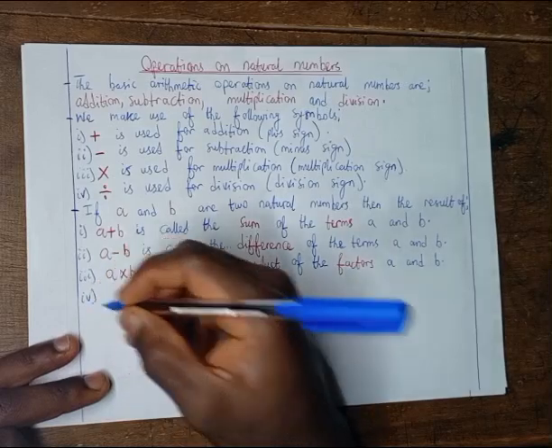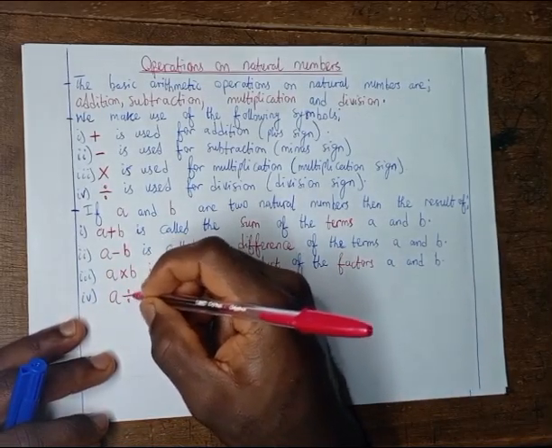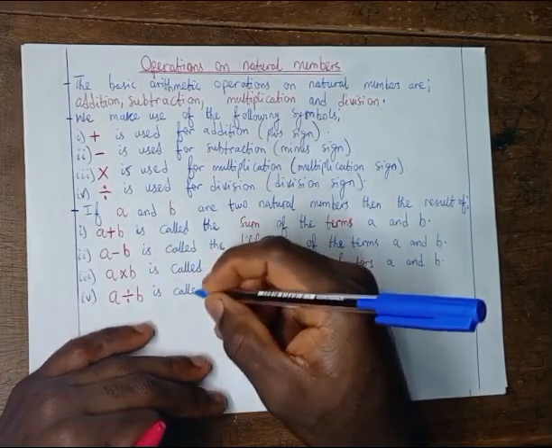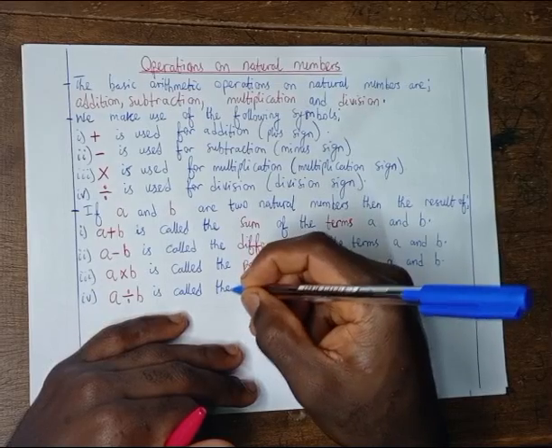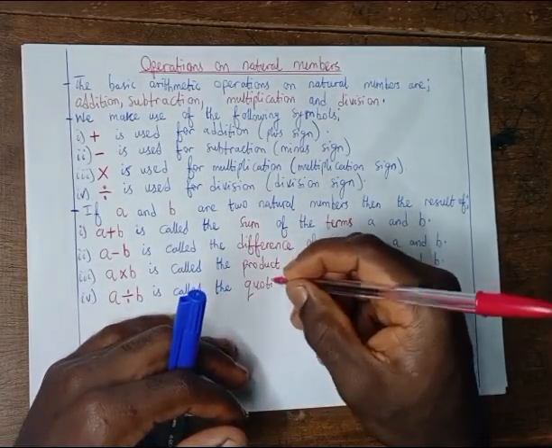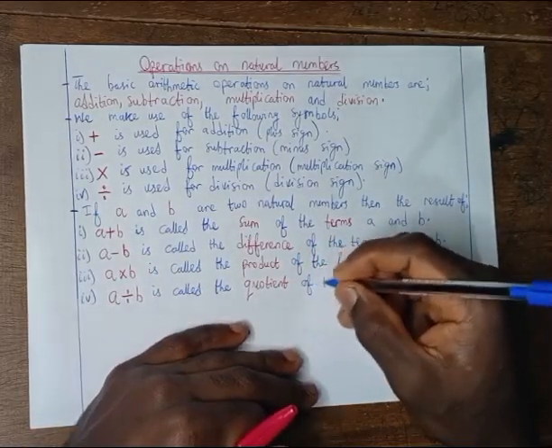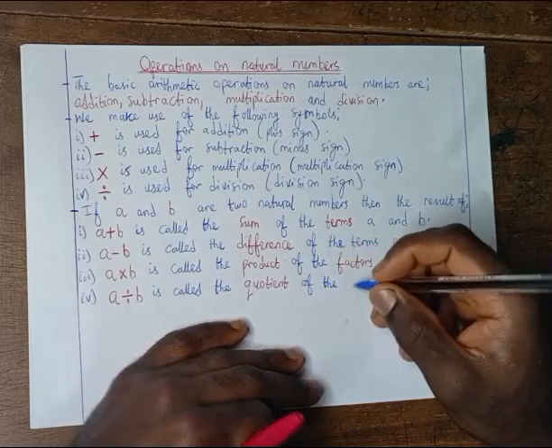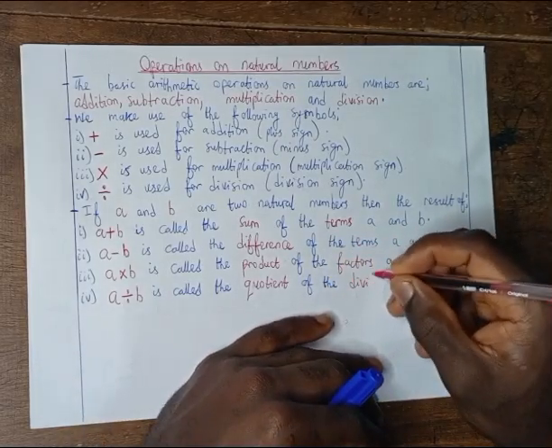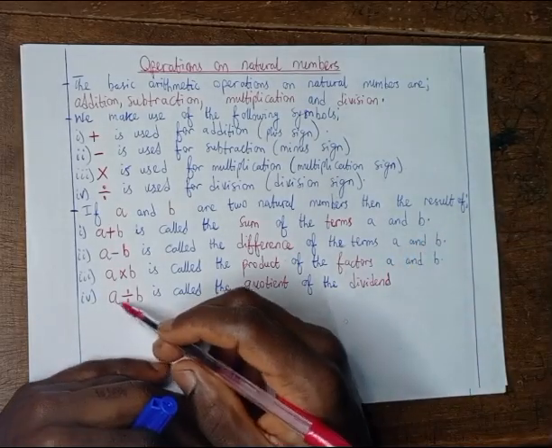Next, we take IV. Read this one as A divided by B. The result you obtain here is called the quotient of the dividend A and the divisor B. A comes before the division sign.